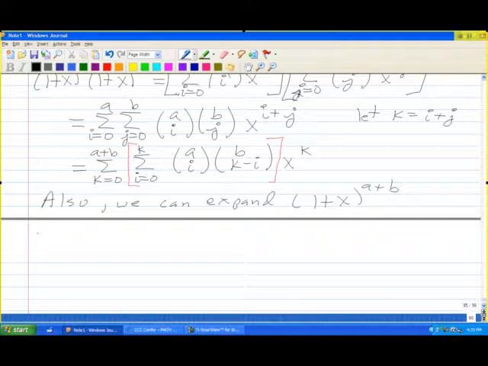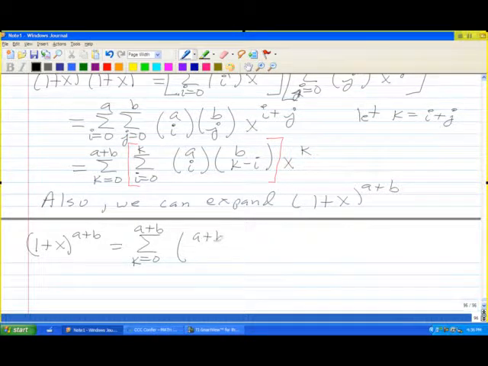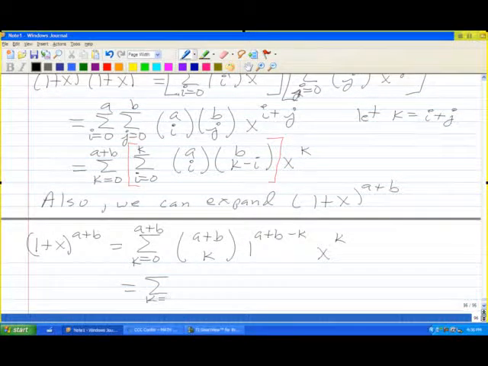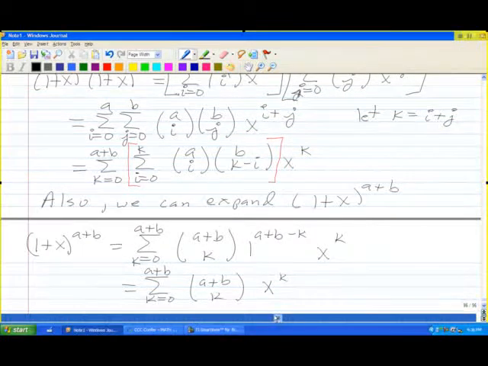So (1 plus x) to the a plus b, by the binomial theorem, is the sum, k equaling 0 to a plus b, of (a plus b)Ck times 1 to the a plus b minus k times x to the k, which is equal to the sum, k equaling 0 to a plus b, of (a plus b)Ck x to the k, since 1 to any power is just 1.